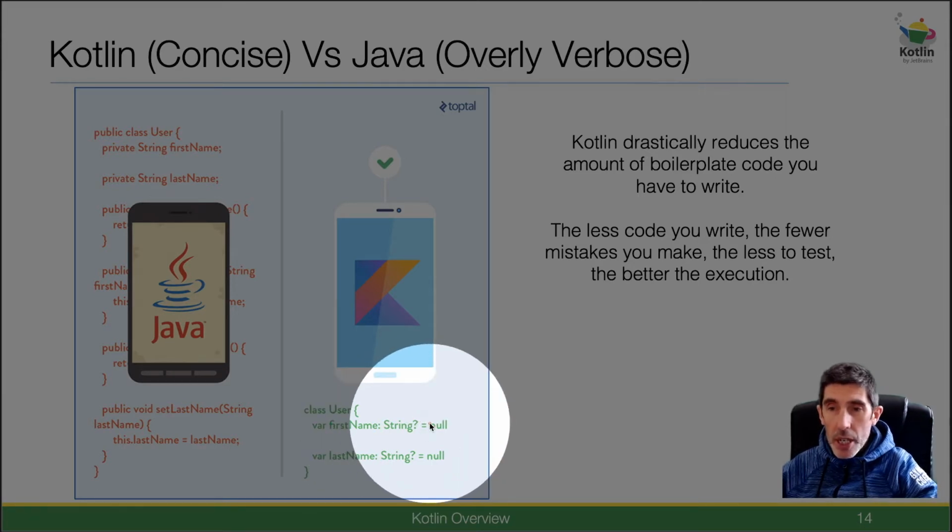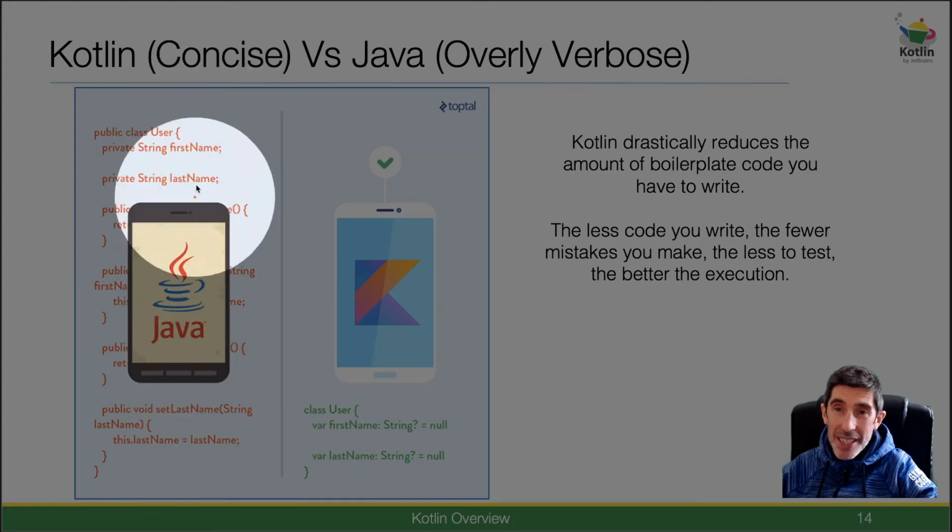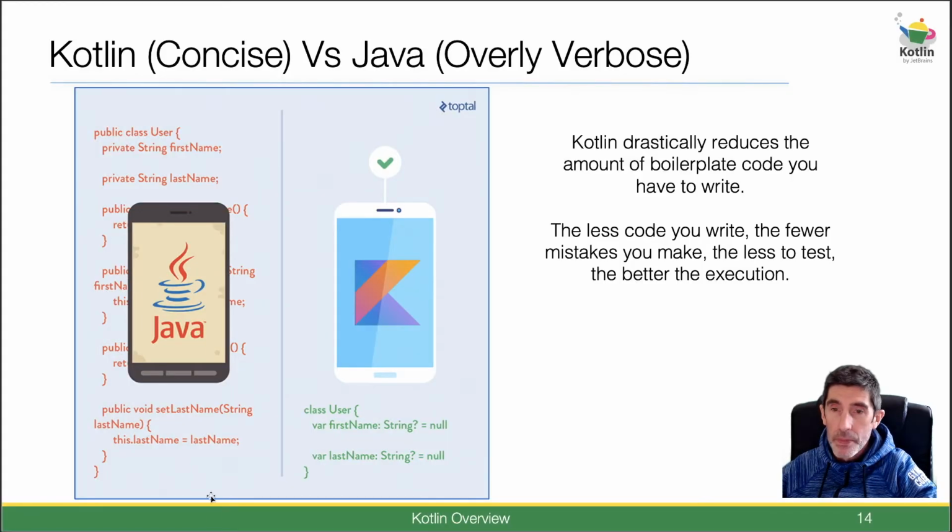We'll talk about the question mark later on in this section, and we give them a value of null. That's it. That is equivalent to that. So Kotlin drastically reduces the amount of boilerplate code you have to write. The less code you write, the fewer mistakes you make, the less to test, the better the execution.